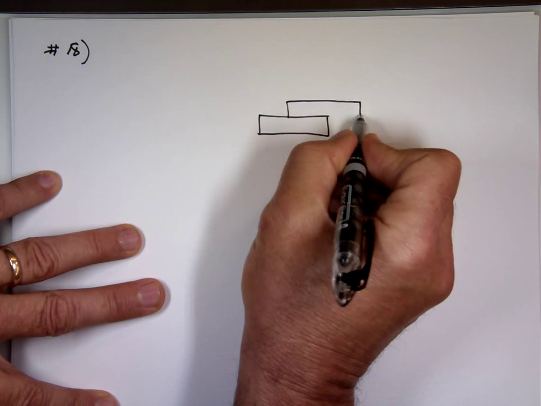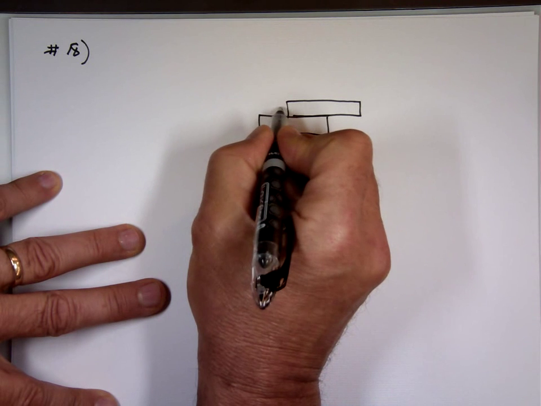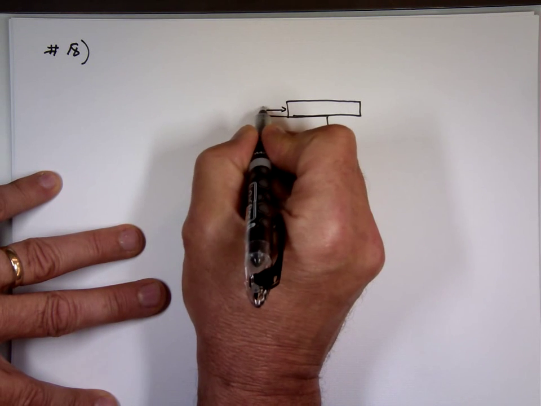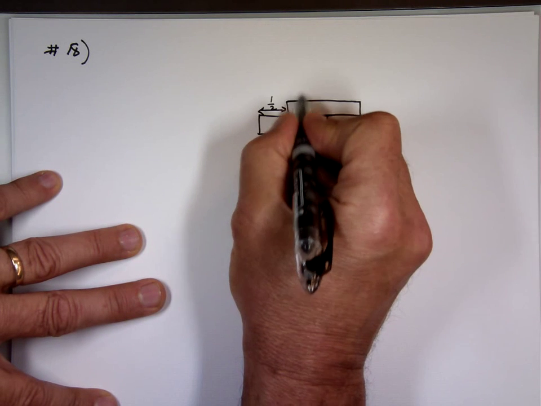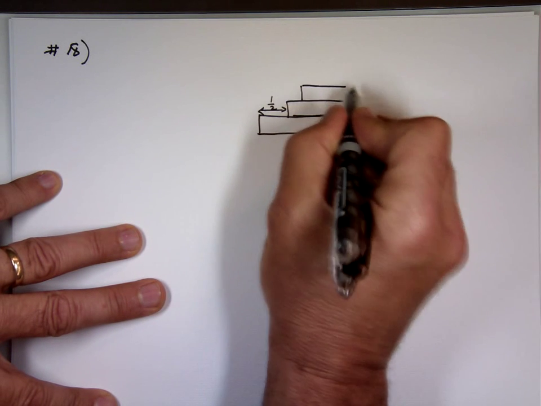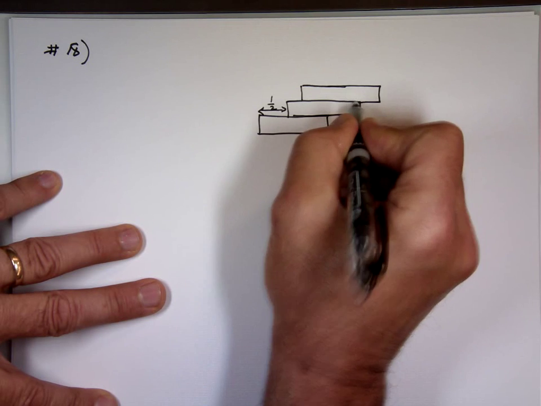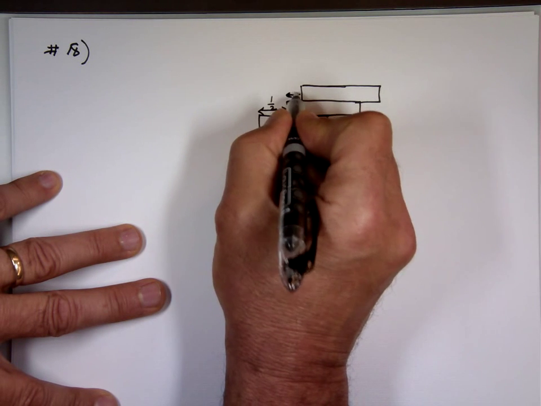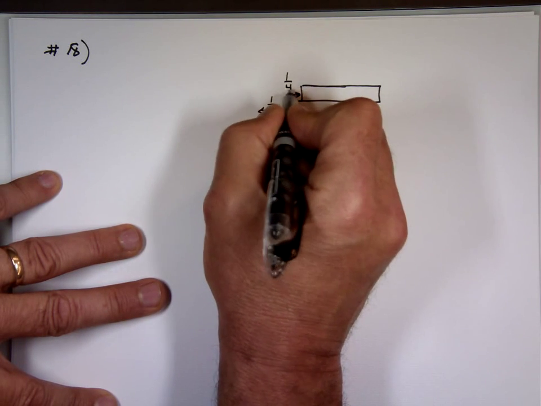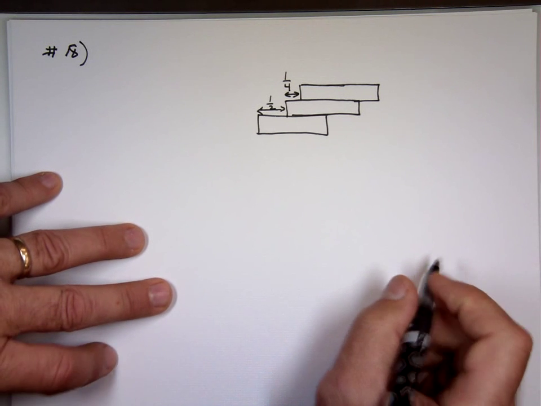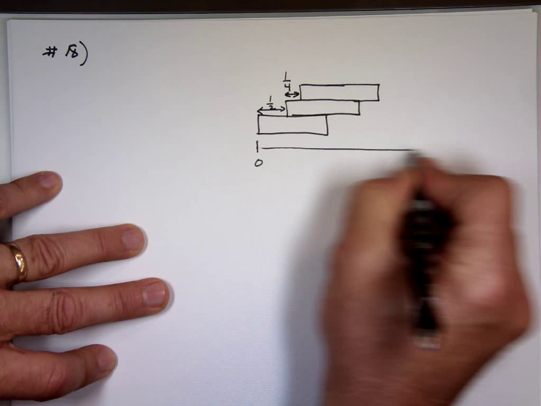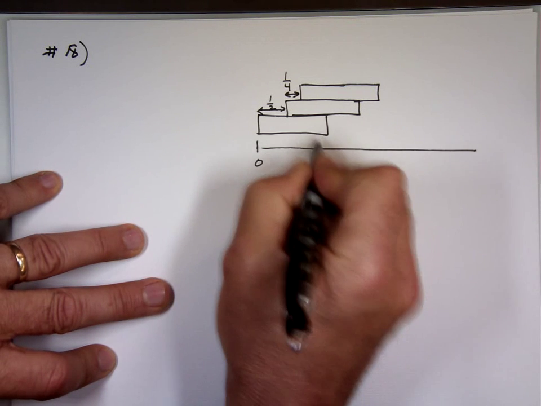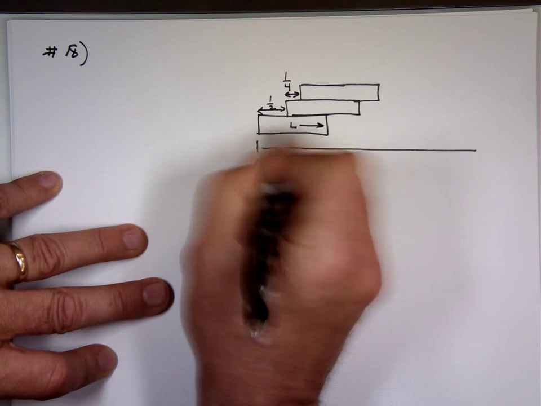That distance is 1/2 the length of the brick. And the third one sits 1/4 of the brick. This is the 0. The distance here is L. The length of it is L. The mass is the same for all 3 of them.